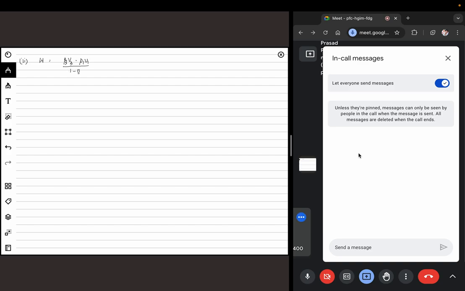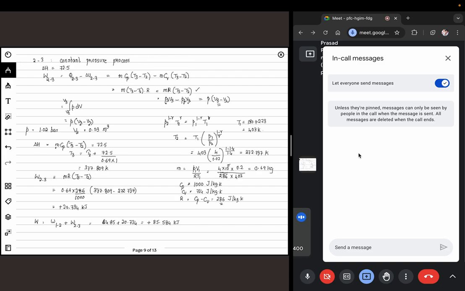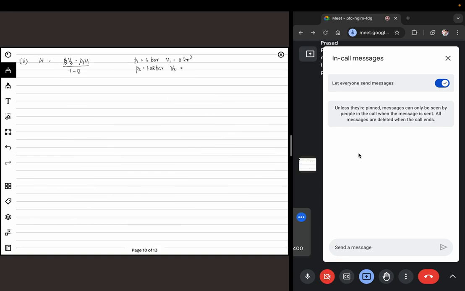minus P1 V1 by 1 minus n. This n is your index of exponent. So P1 V1 is something that is already specified to you. P3 is something that is already given in the problem, and V3 is something we have calculated, or we could calculate. Previously we have calculated the T3, so you can calculate V3 using the ideal gas equation.